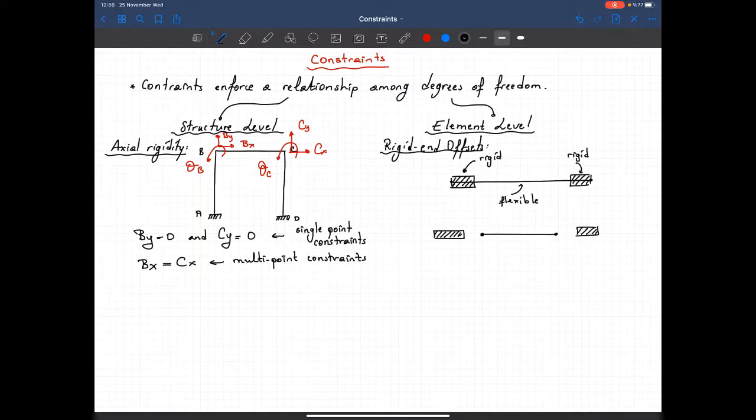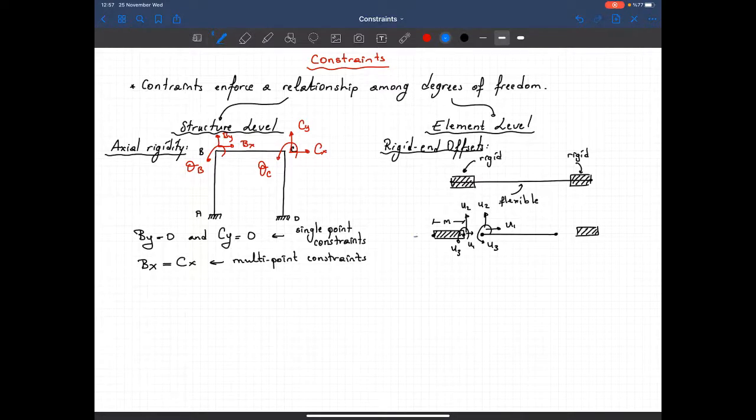Okay, and we will have some degrees of freedoms here, u1, u2, and u3. Let's say that the length of this one is equal to m. At this node, I should have the same degrees of freedom, u1, u2, and u3. And here, I will have different degrees of freedom.